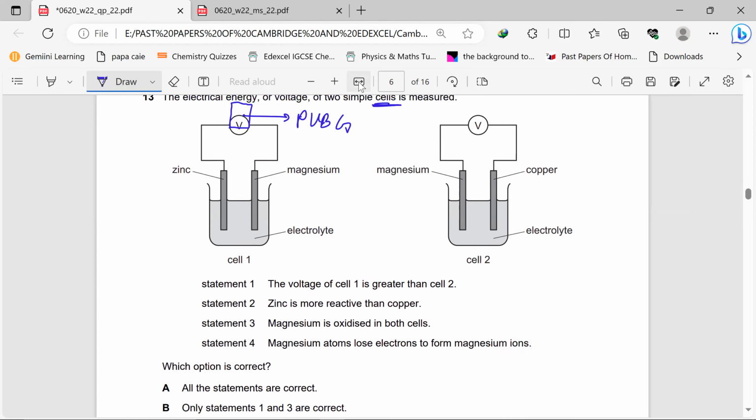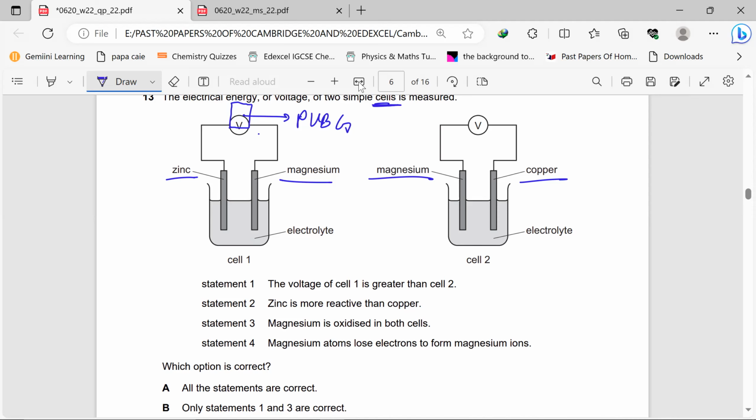You see, we have zinc and magnesium, and here we have copper and magnesium. Fine. So statement 1, the voltage of cell 1 is greater than cell 2.